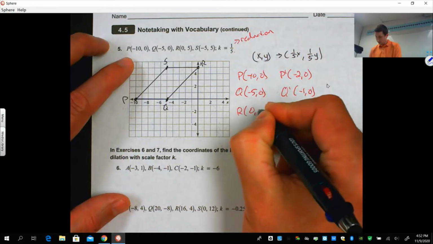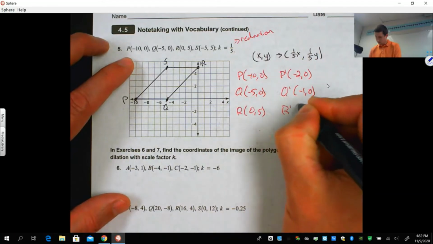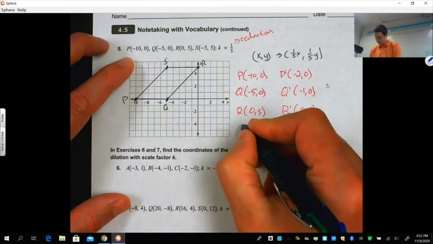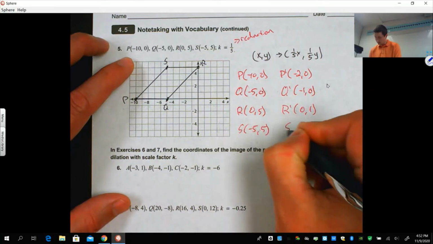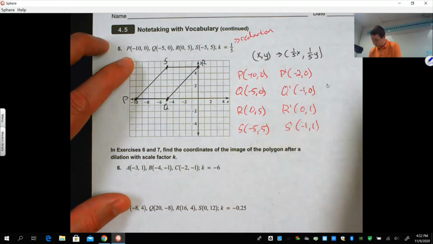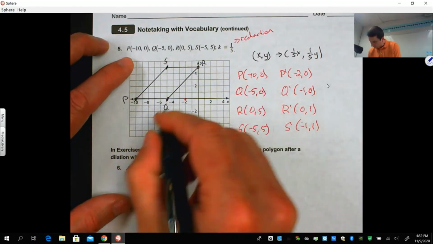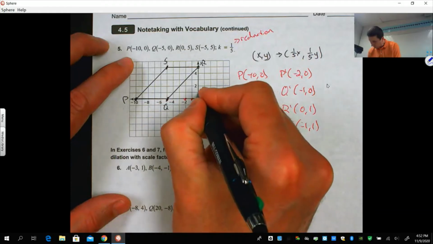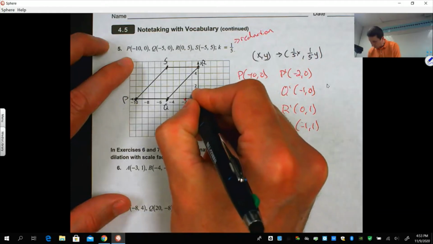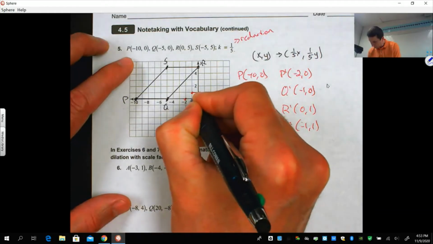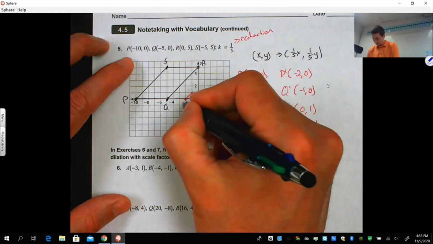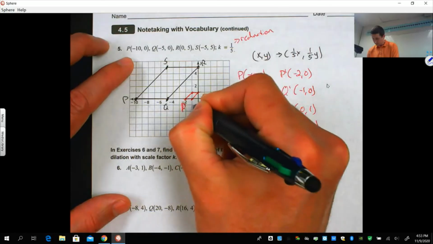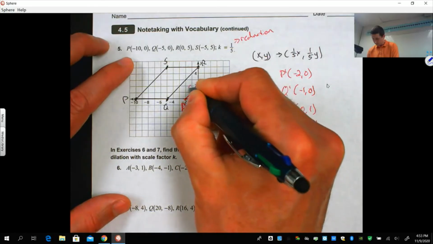R is at 0, 5. R prime is at 0, 1. And S is at negative 5, 5. S prime is going to be at negative 1, 1. Negative 2, 0, negative 1, 0, 0, 1, and negative 1, 1. So P prime, Q prime, R prime, S prime.